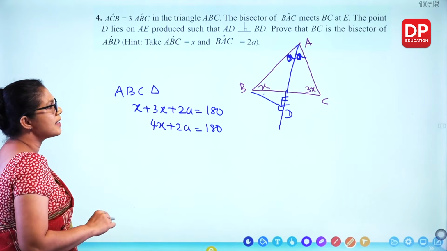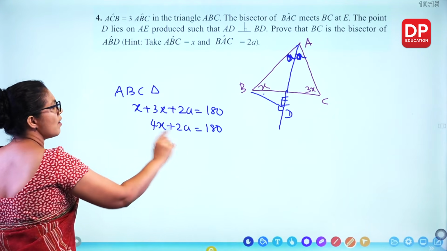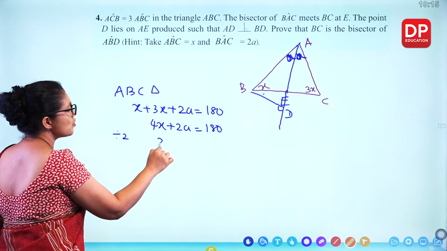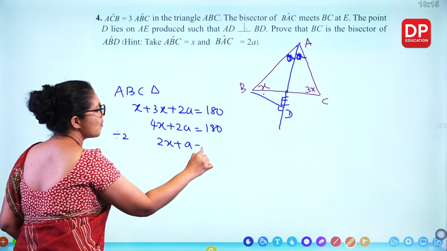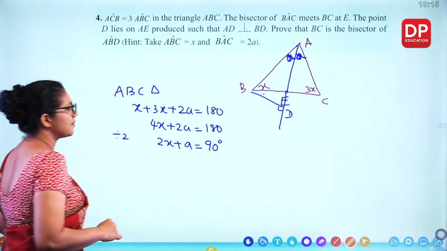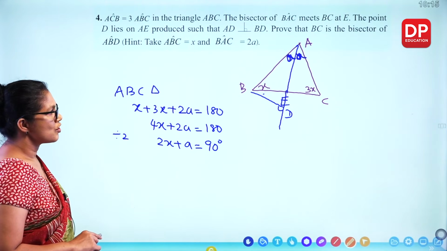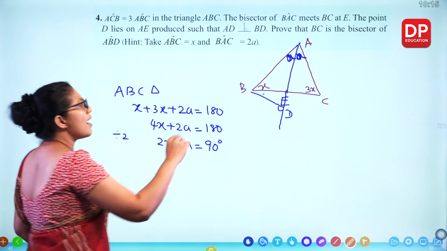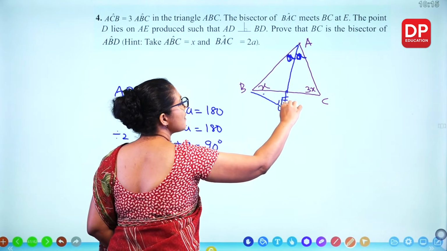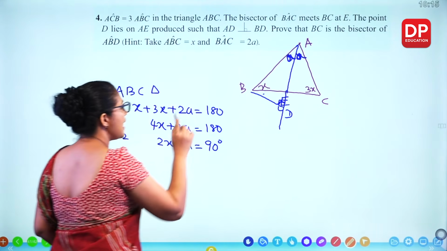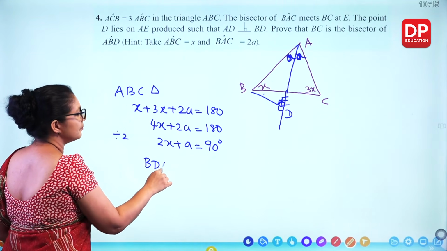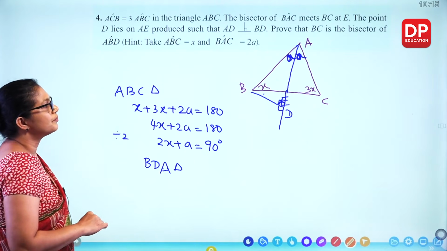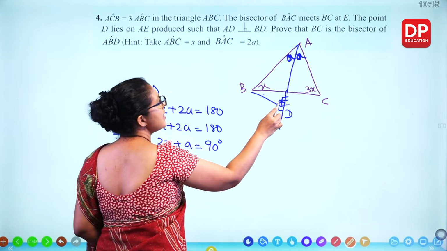So when you divide all sides by 2, what can you get? I get 2X plus A equals 90 degrees. So that's one relationship. Then what can I say about this one? When you take triangle BDA, this is 90.